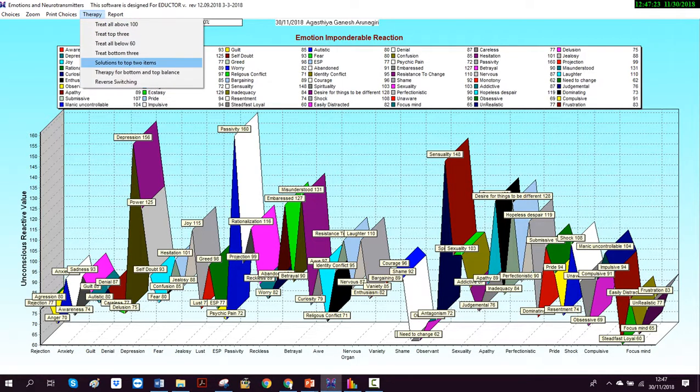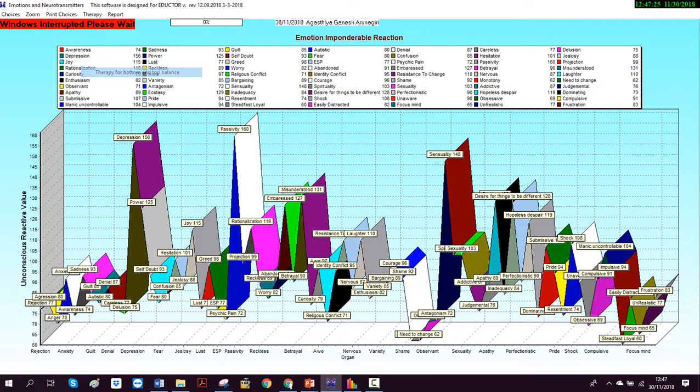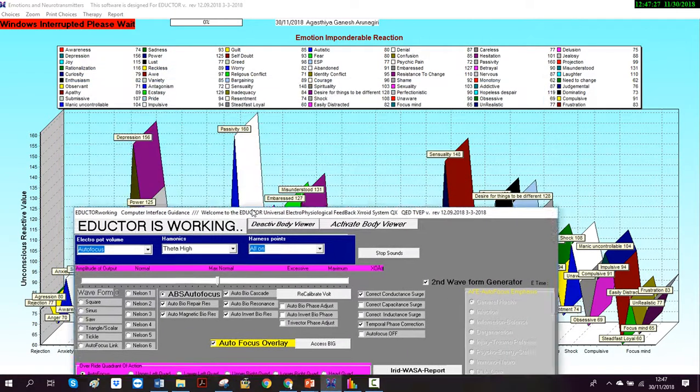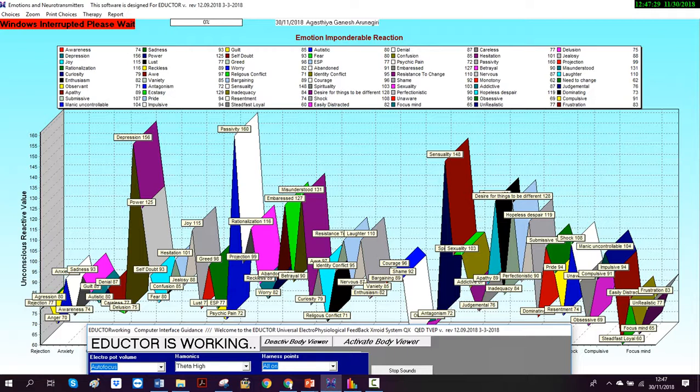We just say balance the top and the below, top and below. And it will try to harmonize those frequencies to try to balance those emotions. And this is really important to understand that we are working at the unconscious level. So some people will say, oh, no, I am not passive, like here, passivity.